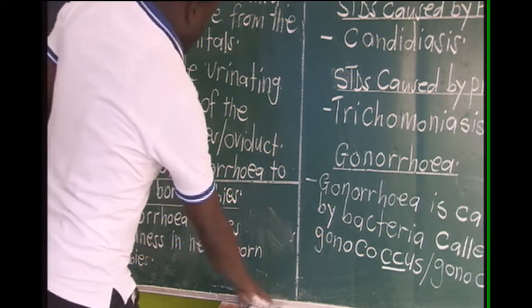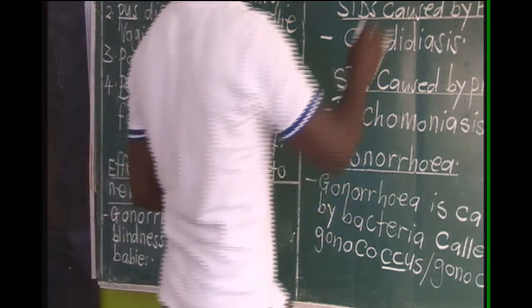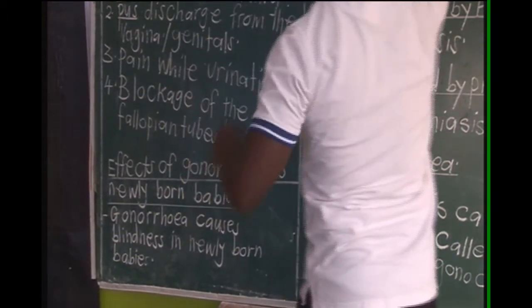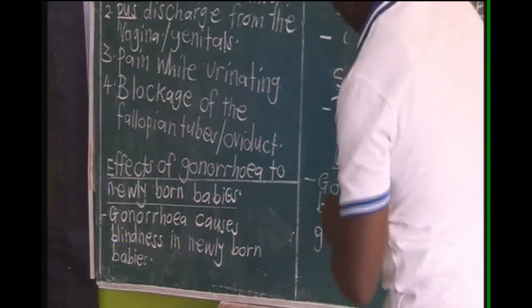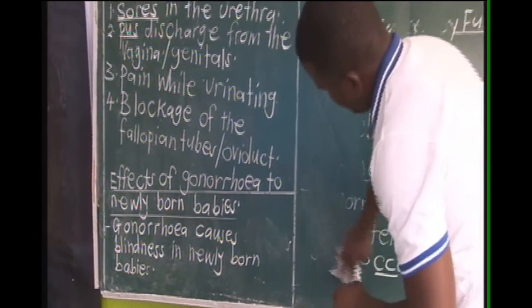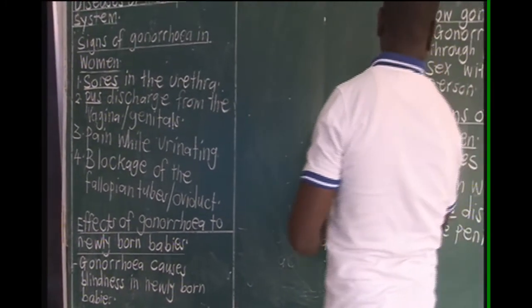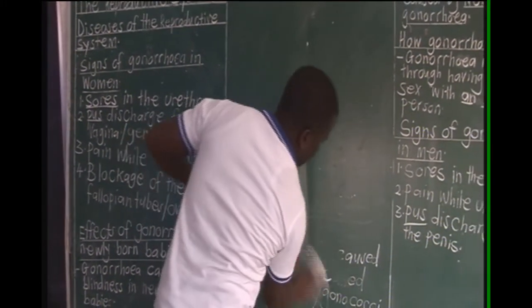That's why it's very important for pregnant women to give birth in hospitals. So, if they ask you the effect of gonorrhea in newly born babies, gonorrhea can cause blindness.